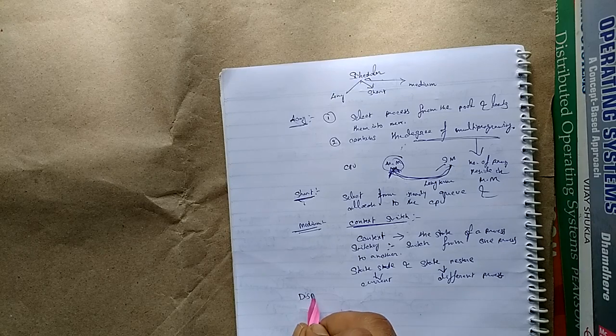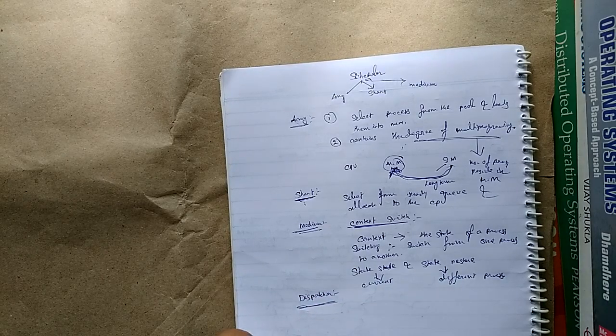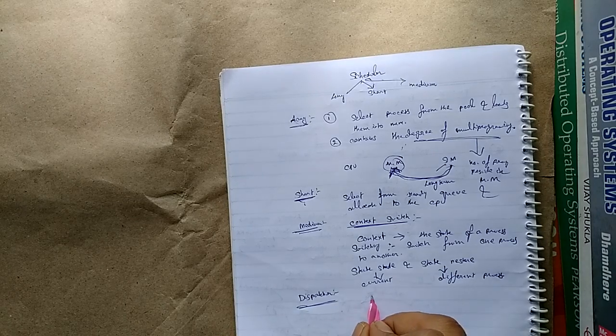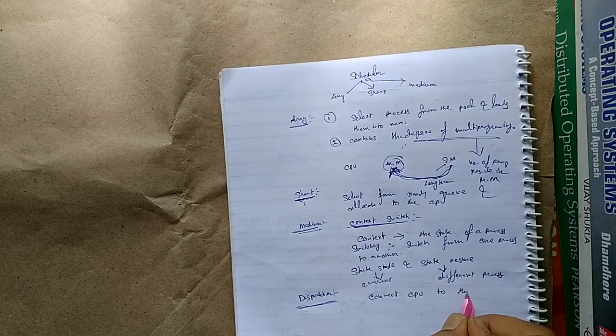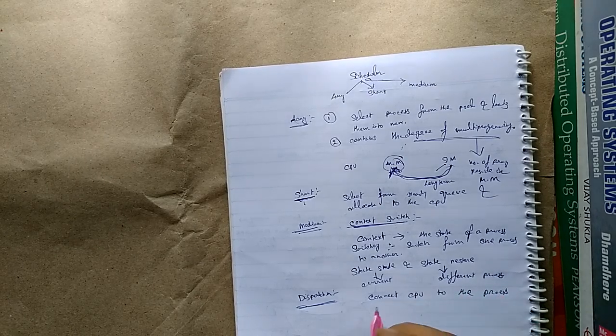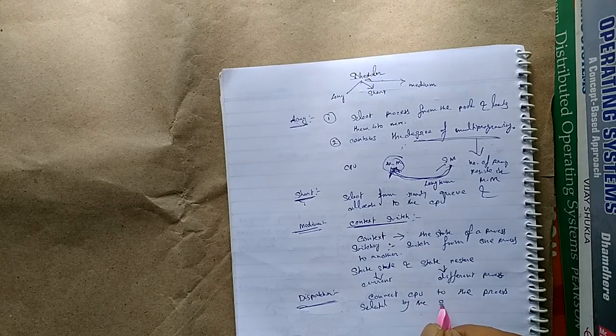Next, we learn about dispatcher. What does the dispatcher module do? It is a module that connects the CPU to the process selected by the short-term scheduler.